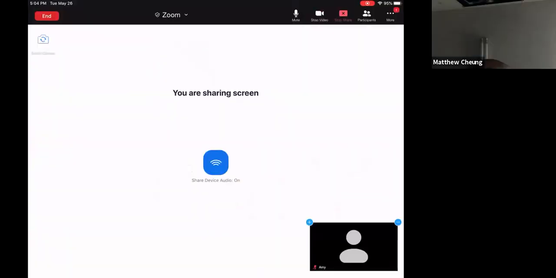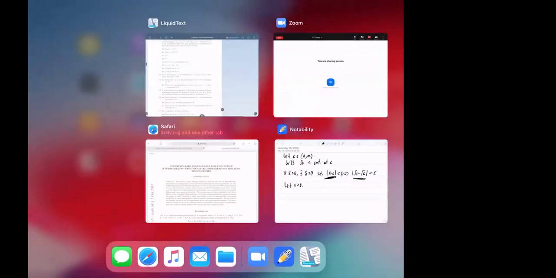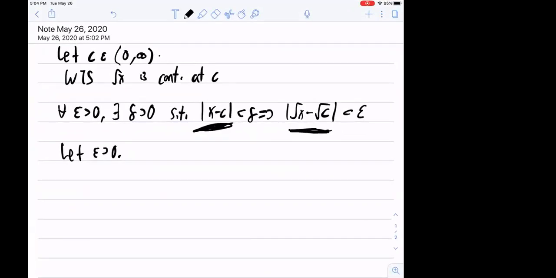Yeah, it's a factor. Recall the difference of squares formula.